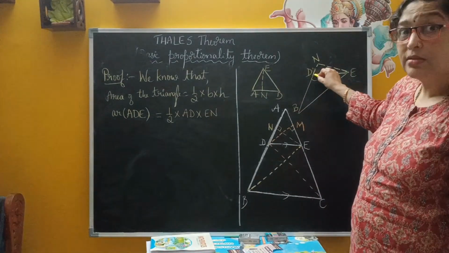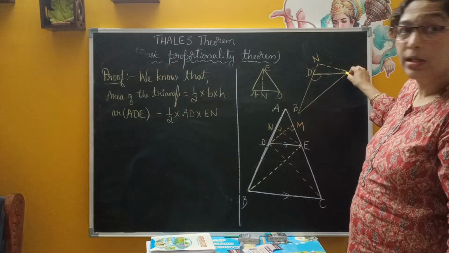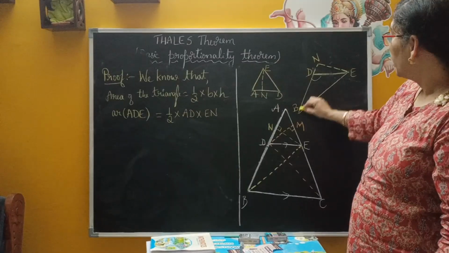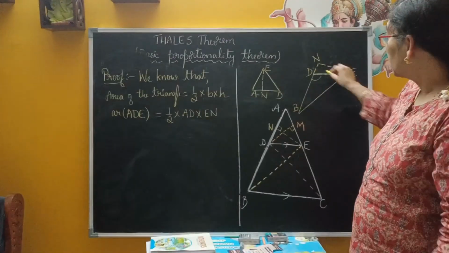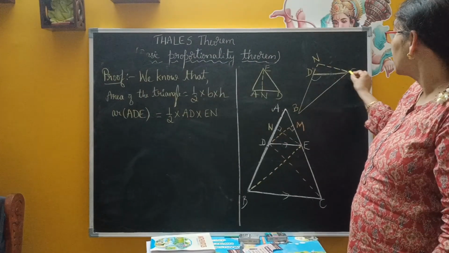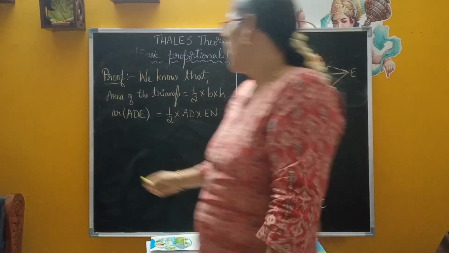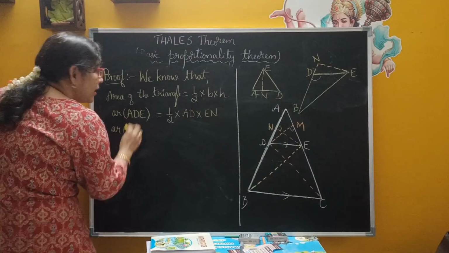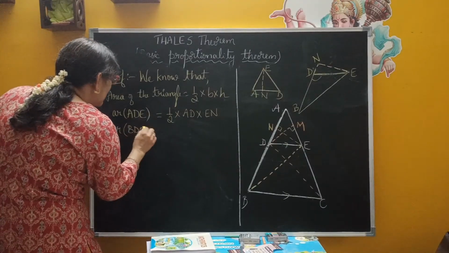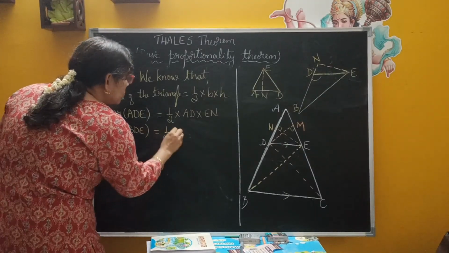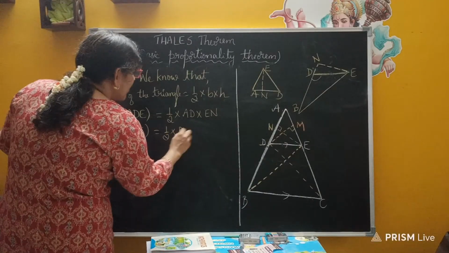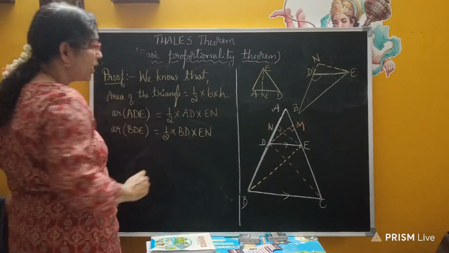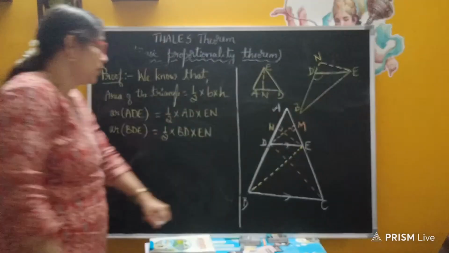We can't consider the extended part, which is not in the original triangle. After extension, we got this part additional. So half into BD, and perpendicular height is EN. So area of triangle BDE is equal to half into BD into EN.